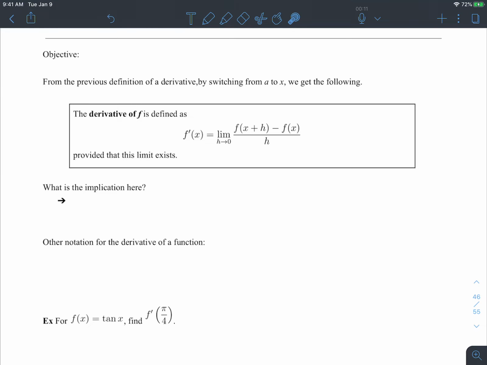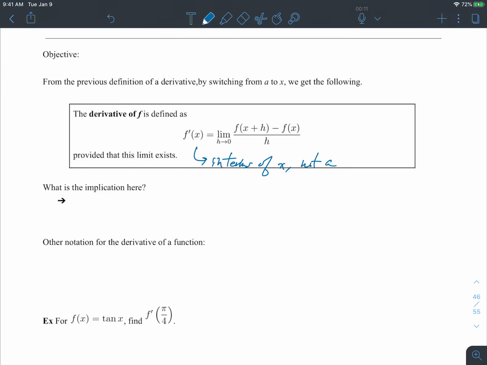See that right there? That is in terms of x, not a. The difference is that a represents a specific number and x represents a variable that can change, right? It's a bit of a semantic, but it's an important one, okay?